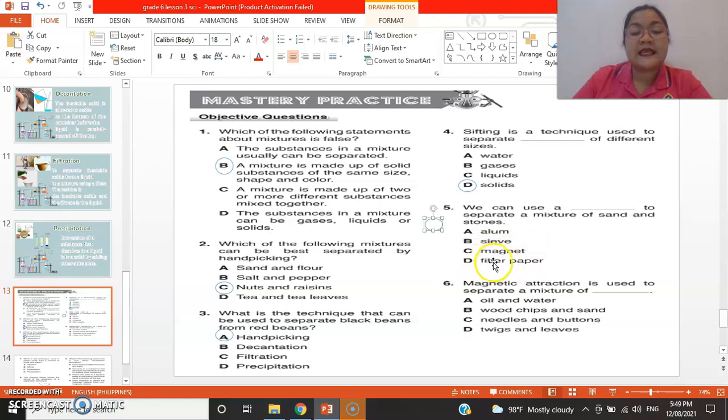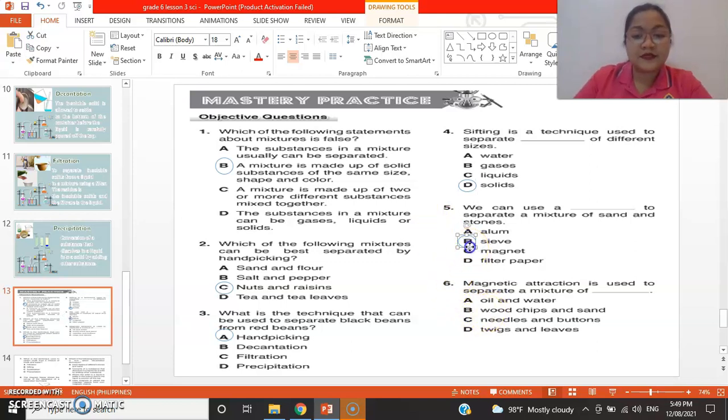Letter C, magnet. Letter D, filter paper. What are you going to use? 5, 4, 3, 2, 1. Letter B. Okay, very good.